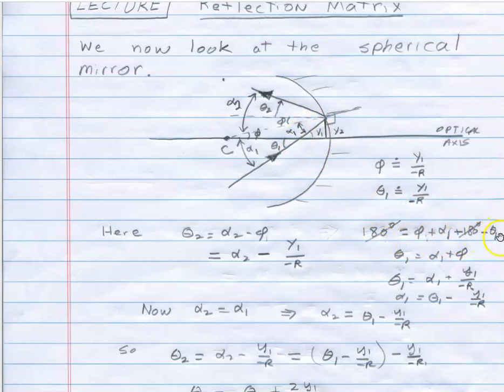And that gets me a relationship between theta 1, which is just alpha 1 plus phi, rearranging. And then, of course, phi, again, is this y1 over minus r approximately. Again, we're looking at paraxial rays, where this arc length is very, very nearly y1 and y2. So I solved this one for alpha: alpha 1 is equal to theta 1 minus y1 over minus r.